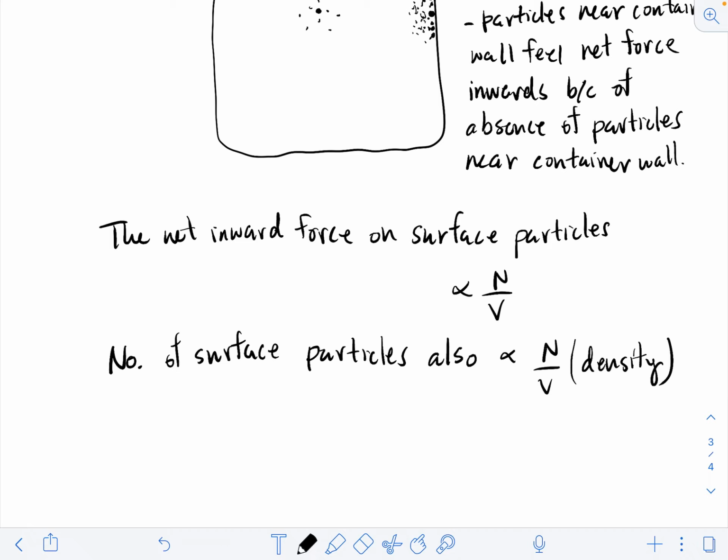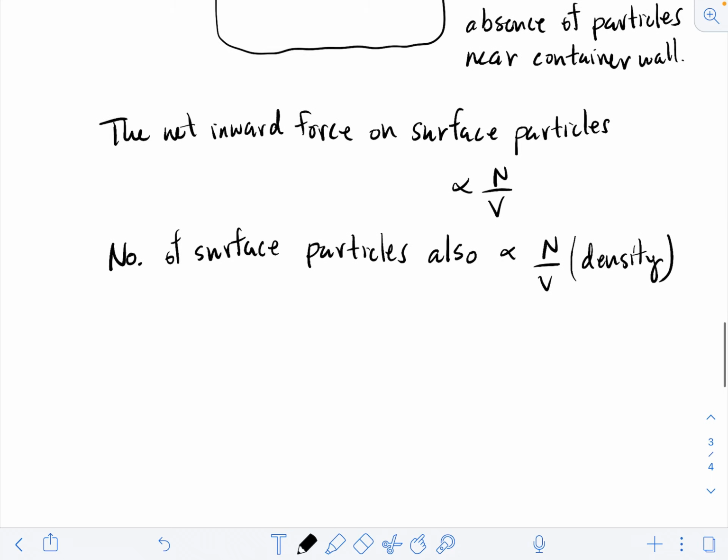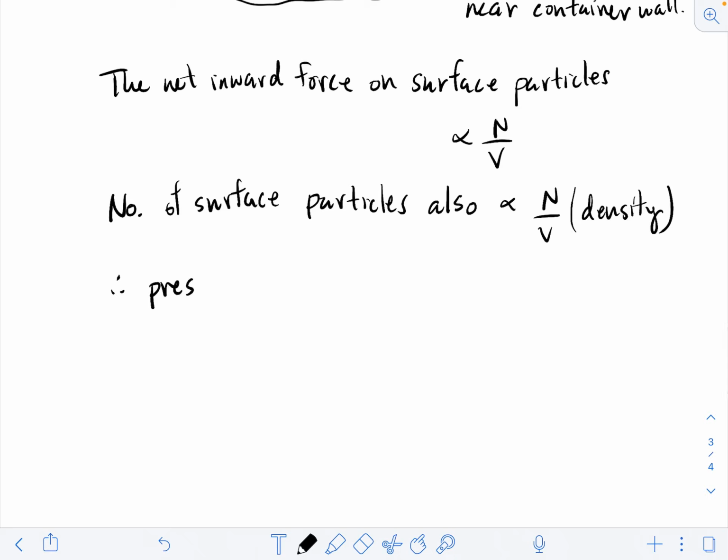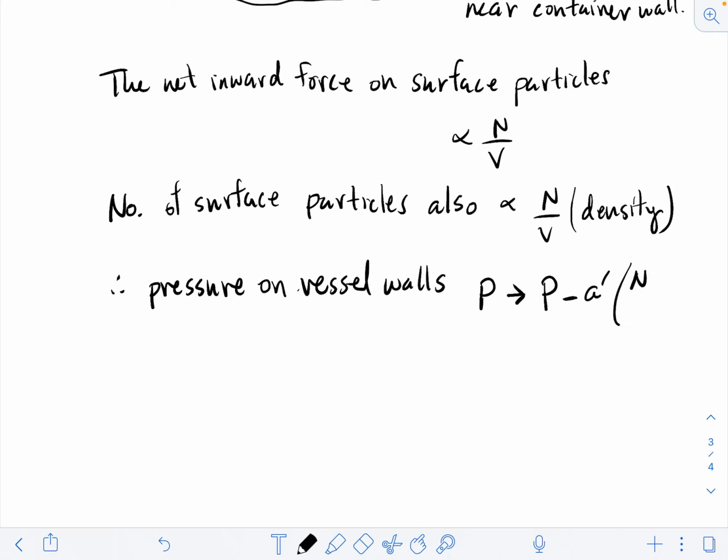And so the inward force and the number of surface particles both go as n over v, and therefore what we expect is that the pressure on the vessel walls, which in an ideal gas would be P, is going to be reduced by an amount A prime, some coefficient, times two factors of n over v due to the two points that we've made here.